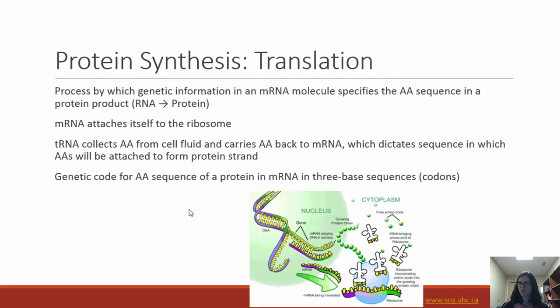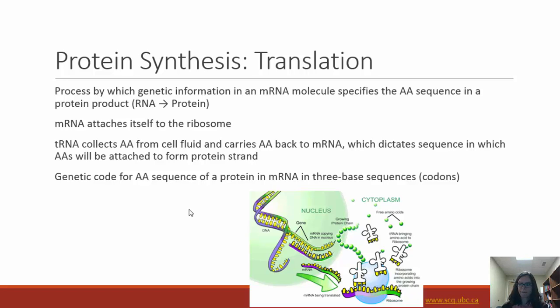Okay, so now let's move on to translation. This is the process by which genetic information in an mRNA molecule specifies the amino acid sequence in a protein product. So the overall process starts with the mRNA and produces a protein.